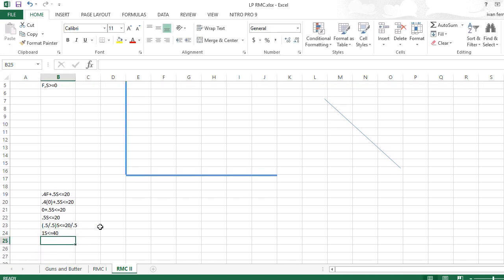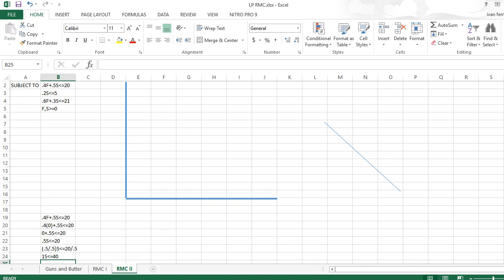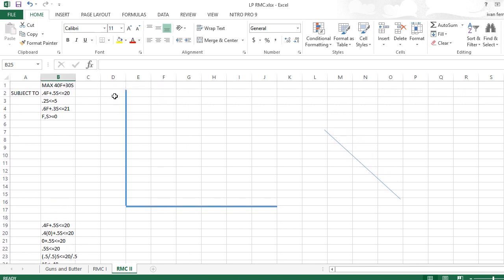So what this means is, this is going to be my solvent, and this is going to be my fuel. The fuel is going to be your x-axis, the solvent is going to be your y-axis.